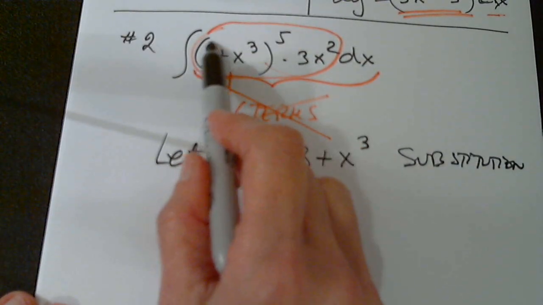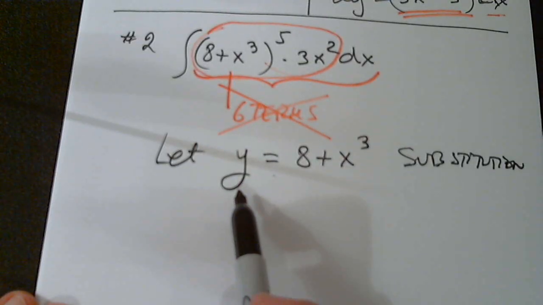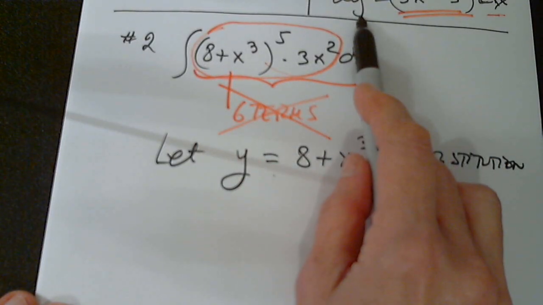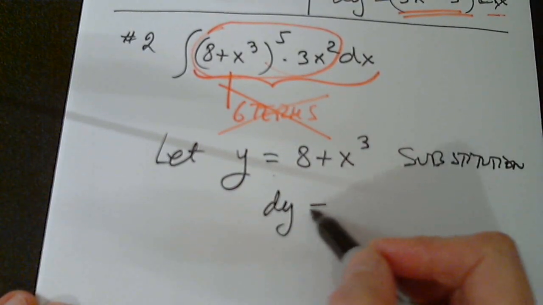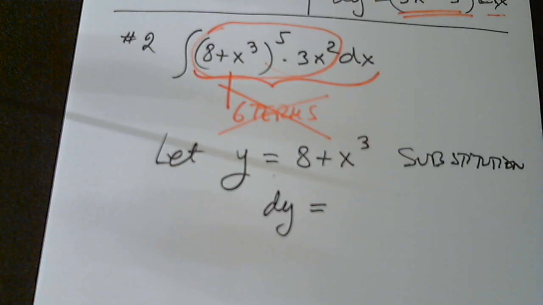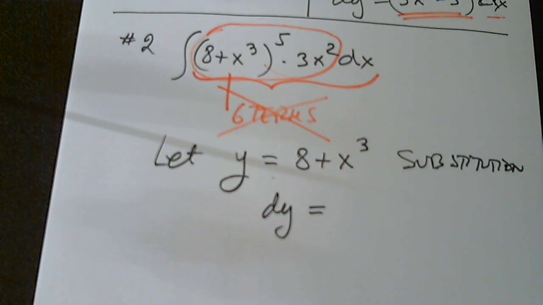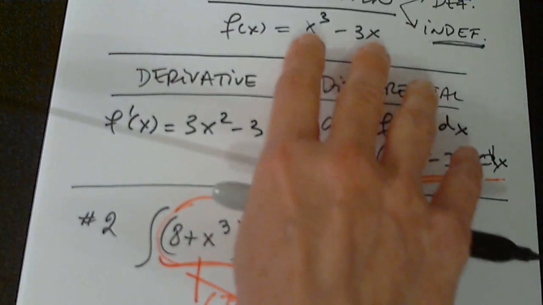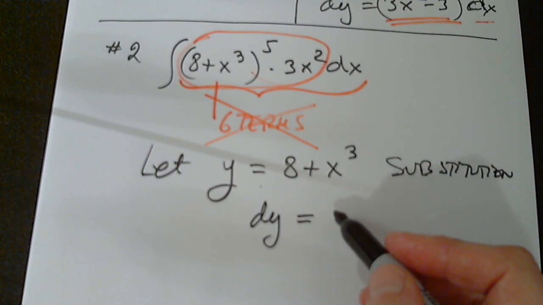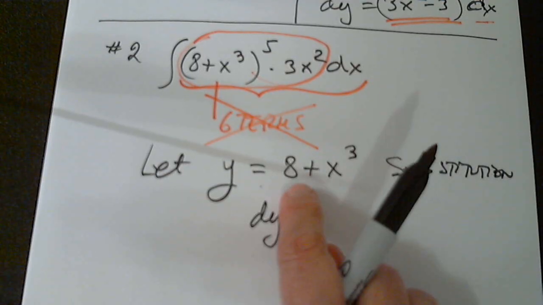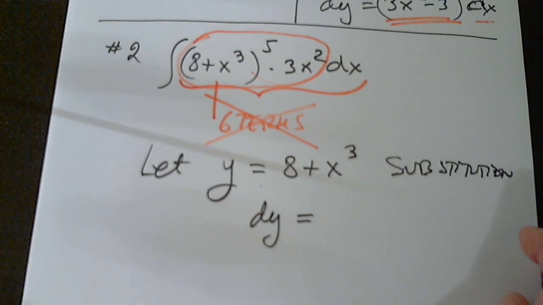I want to denote this piece by y, but I need a differential. Can anyone identify or determine the differential of this function for us? Can anyone find the differential for this function? Now we have dy equals, when we differentiate 8, we get 0.